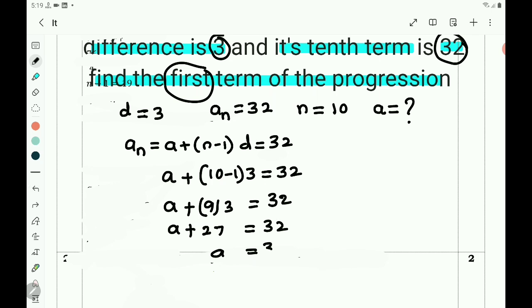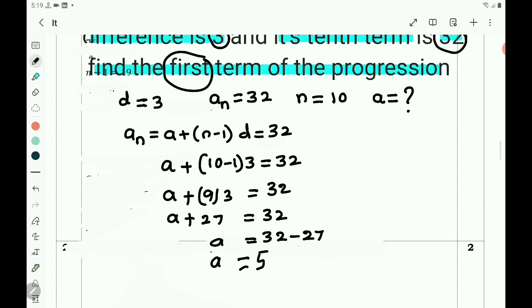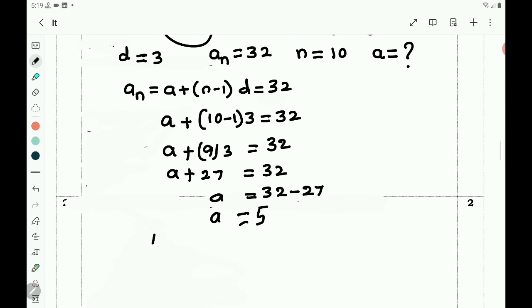So it becomes a equals 32 minus 27. What is 32 minus 27? That is 5. So what is the value of a? a equals 5. So the first term is 5, right? First term is 5.